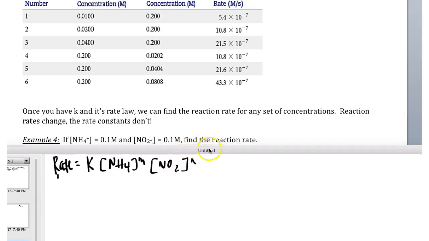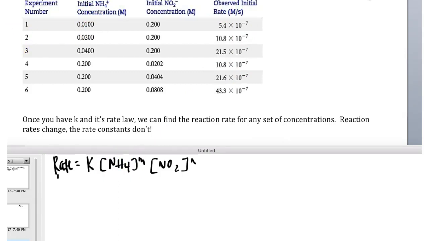The question says find the rate law. So what we do is we find the relationship among NH4 and the rate. It's right here. Because we're trying to find the relationship between NH4 and rate, you have to see where it changes.